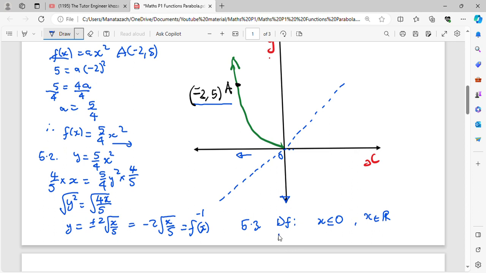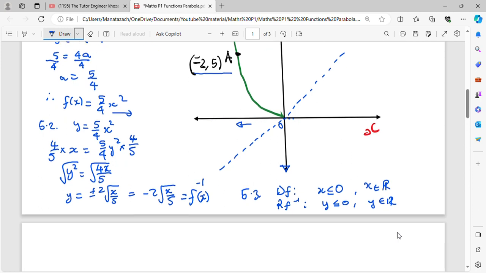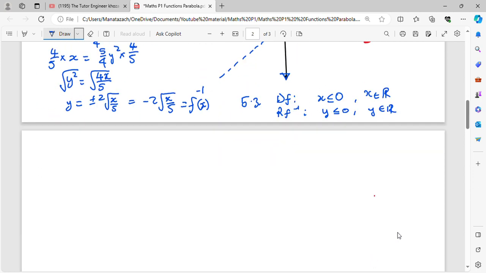Then when it comes to the range for the inverse, we're just going to swap the domain around for the range. So we'll say y is less than or equal to 0, where y is the element of real numbers. So that's really the answer to question 5.3.